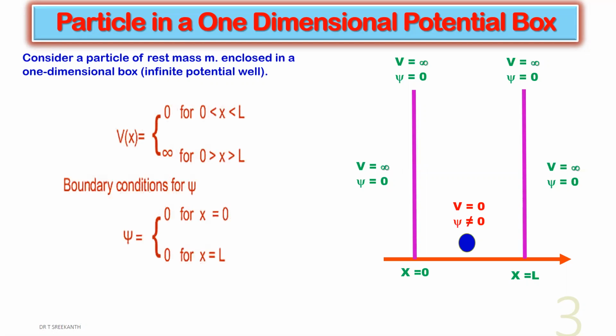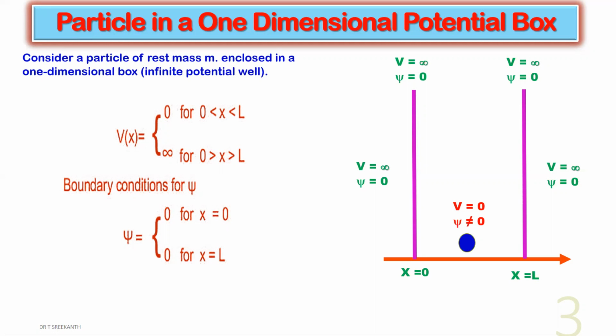So first we are considering the boundary conditions. In these boundary conditions, we will represent where V is equal to 0 and where V is equal to infinity. According to our diagram, inside the potential box, the V value is 0, meaning 0 less than x less than L. In this region, the potential energy is 0.